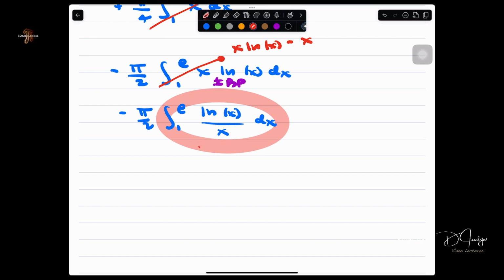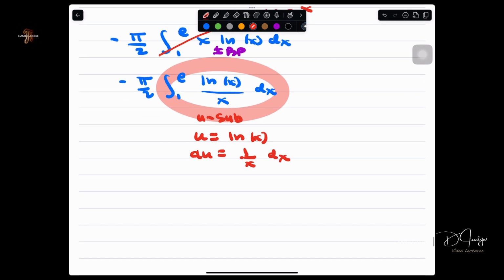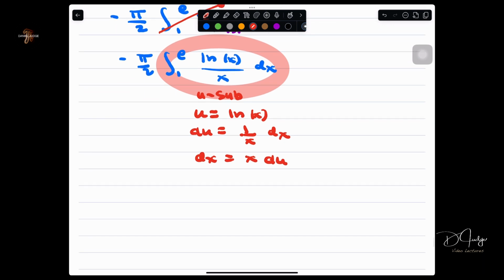We're going to have to do some u sub now. Now, u in this integral from the past is natural log. So du is 1 over x dx, which means our dx will be x du. So we're going to have to use u sub. So that integral now is u over x, and then x du.